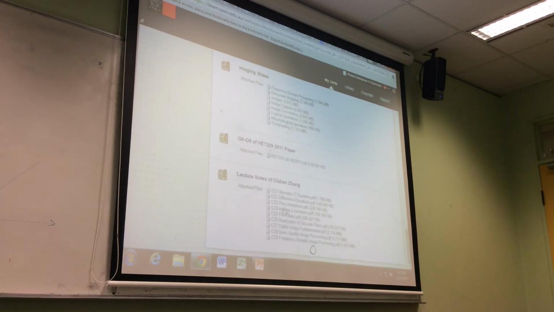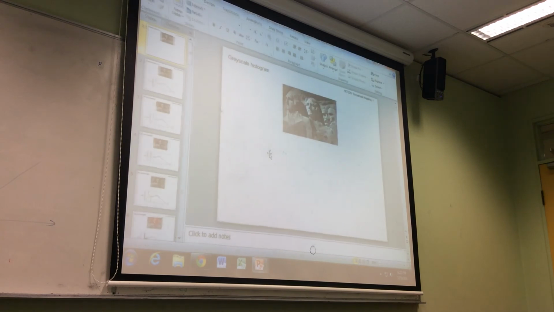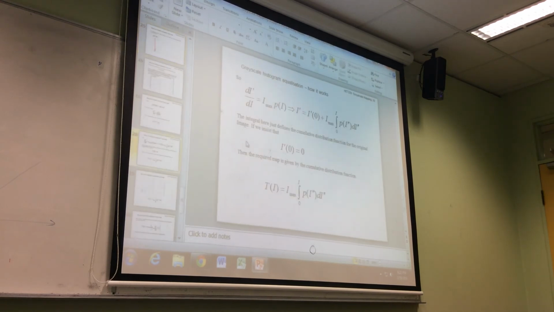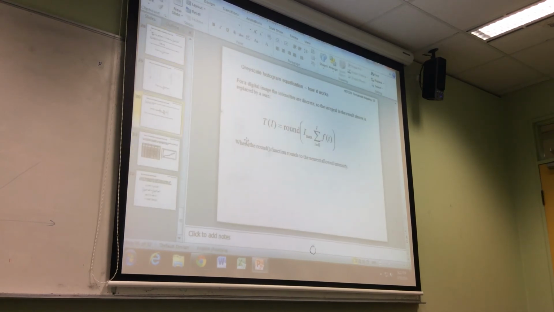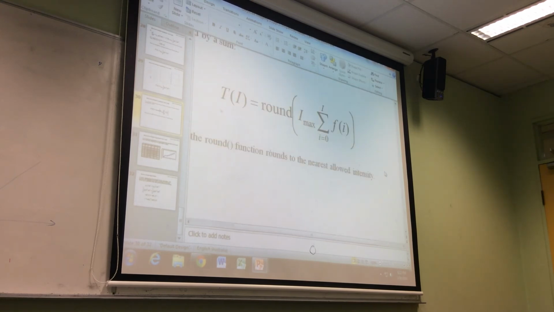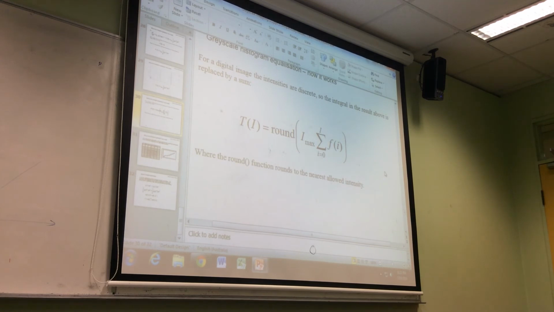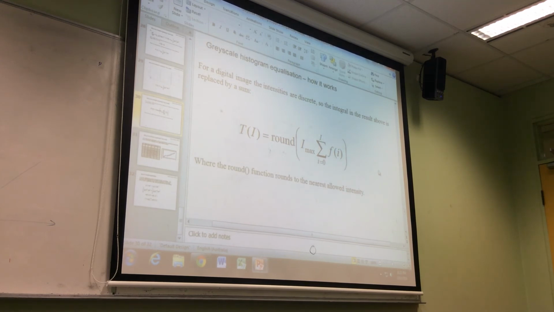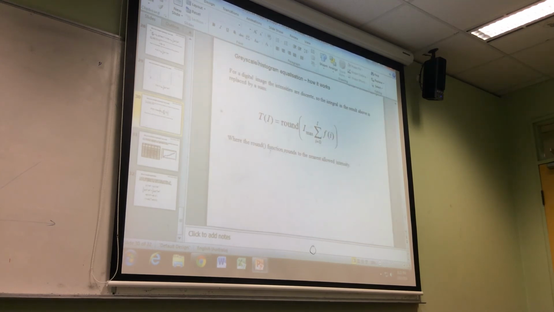Okay, I can't find the equations, so we Pythagoras on it. Alright, so this one is a formula. Histogram equalization.